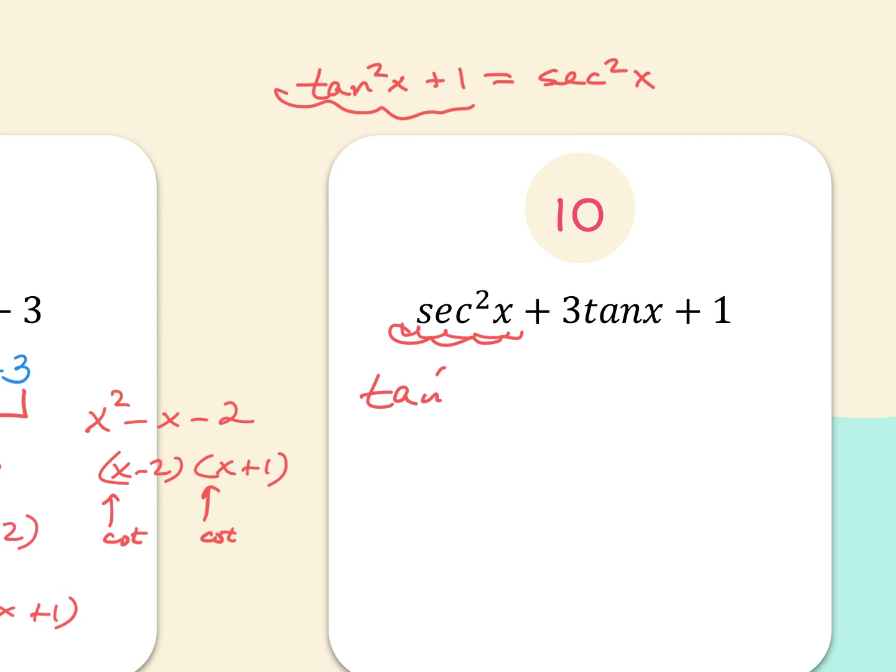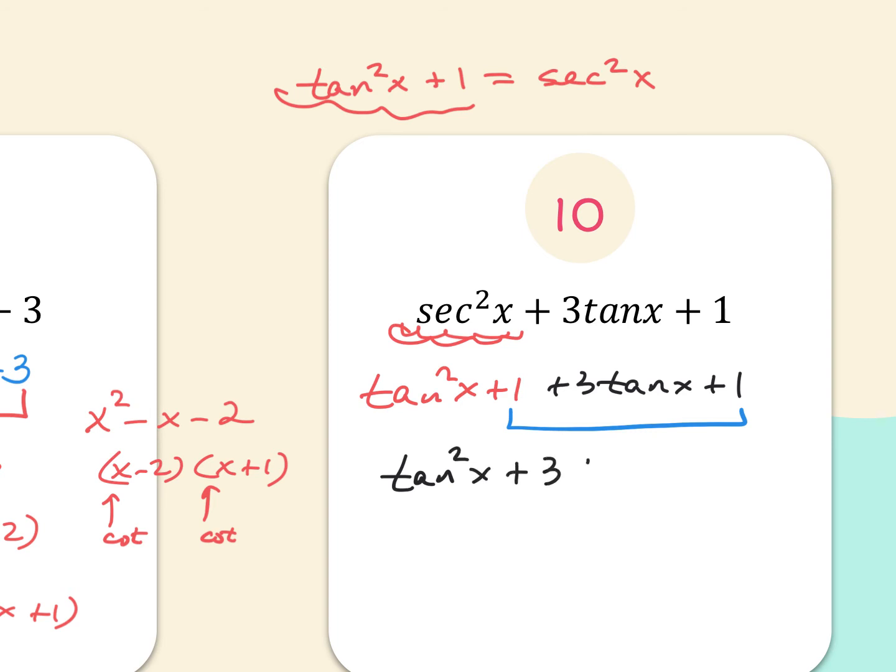So tangent squared x plus 1, replace the rest of the problem. I'm going to combine my like terms. These are like terms, and put it in standard form.